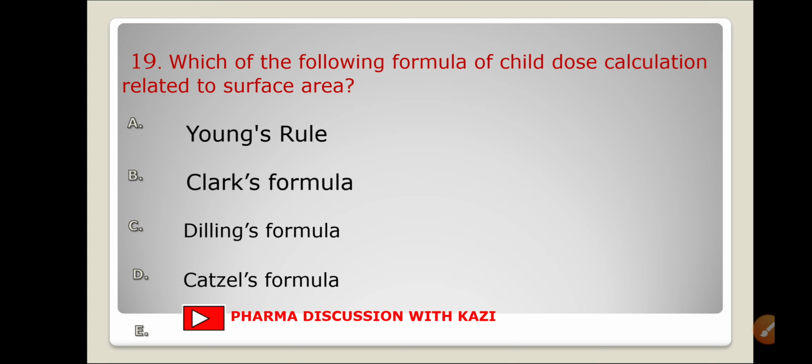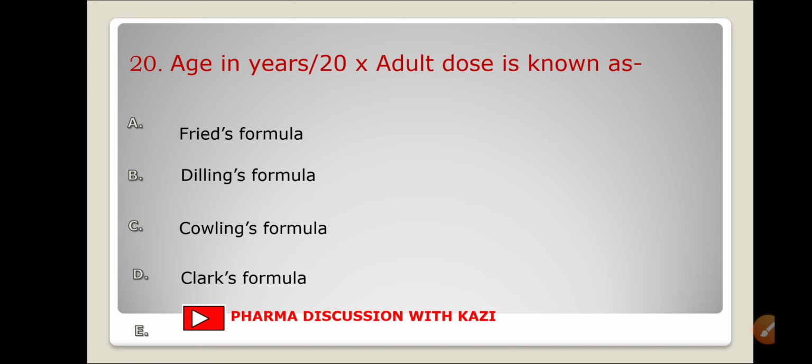According to Katzel's formula, the child dose equals body surface area of the child divided by average body surface area of the adult into adult dose. Next question. Age in years divided by 20 into adult dose is known as Fry's formula, Dilling's formula, Cowling's formula, Clark's formula. The correct answer is B, that is Dilling's formula.